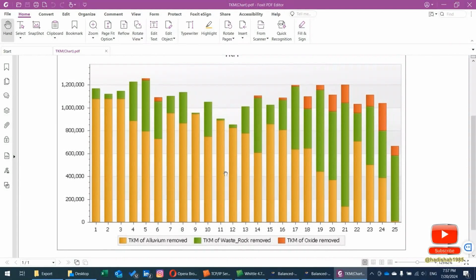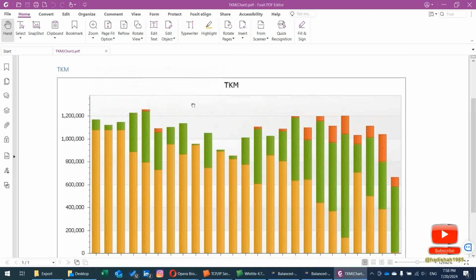And also based on the destination, especially the waste dump, and over the periods, the location that we are tipping out the waste at the waste dump is fluctuating in distance related to the pit exit.